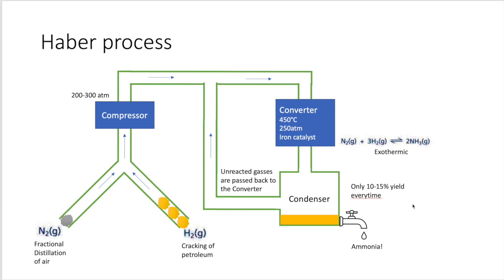So at any one point of time, it's only about 10 to 15% of the nitrogen and hydrogen being combined to form the ammonia. So it's very important to channel back the unreacted gases to increase the production.